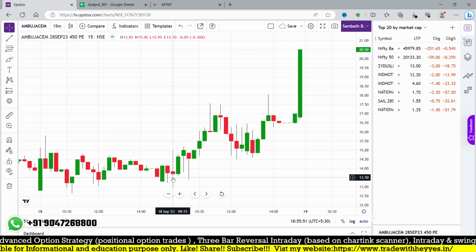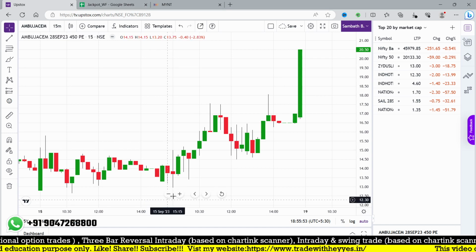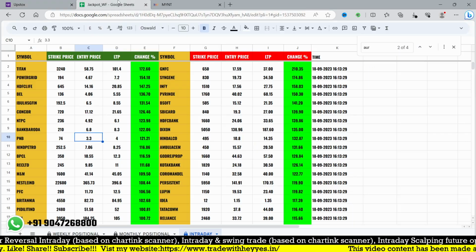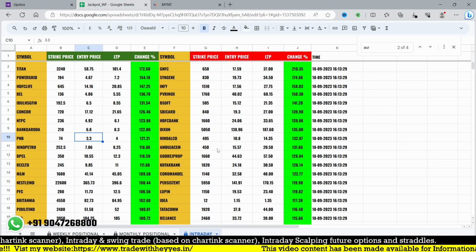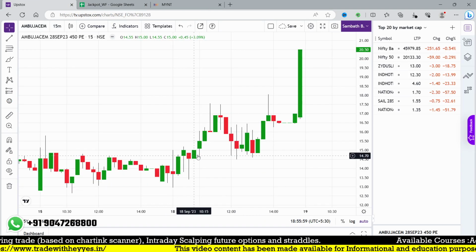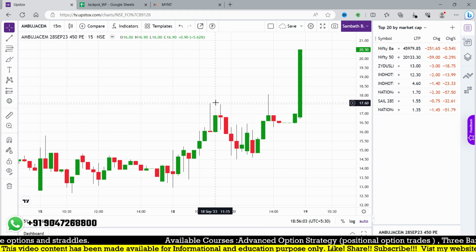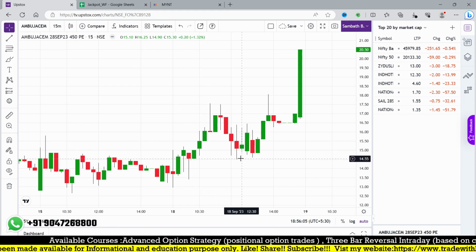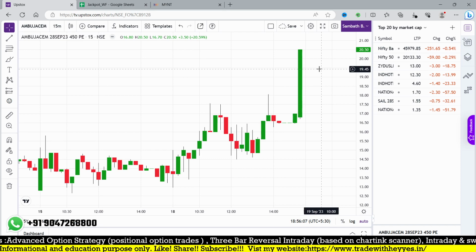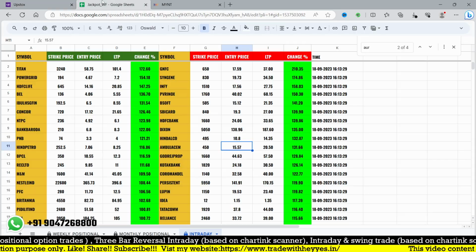In the first 15-minute candle, 15 is the high. You can see this is the high of 15, and our entry point on Ambuja Cement is 15.5. So that may have triggered somewhere around 10:30, and after that it went up to 16.9, again came down, and finally by the closing hour 20. So this is an opportunity.